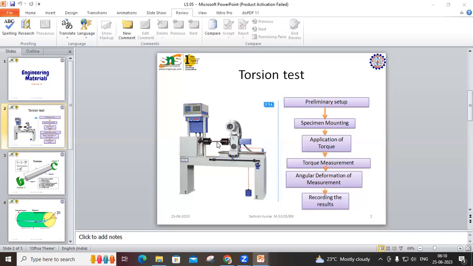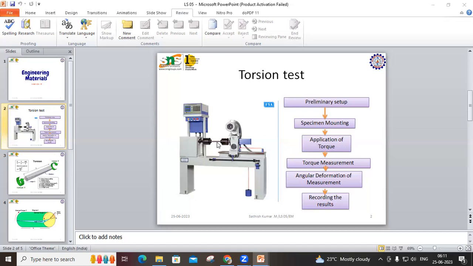First, specimen preparation: a cylindrical or prismatic specimen of a specific length and diameter is prepared from the material of interest. The ends of the specimen are typically machined to have flat and parallel surfaces to ensure proper gripping during the test. The test is performed using a torsion testing machine, also known as a torsion tester.